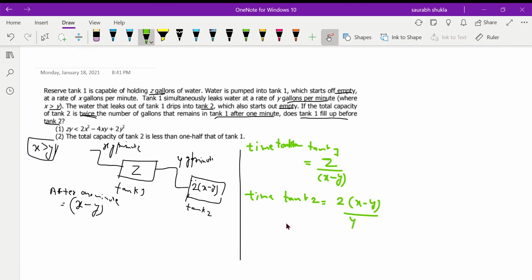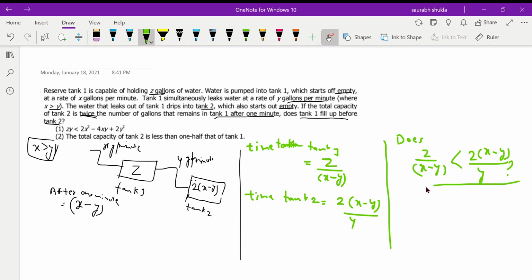So basically the question is, does Z by (X minus Y), the time taken to fill tank 1 completely, come out less than 2 times (X minus Y) divided by Y? That's your question.